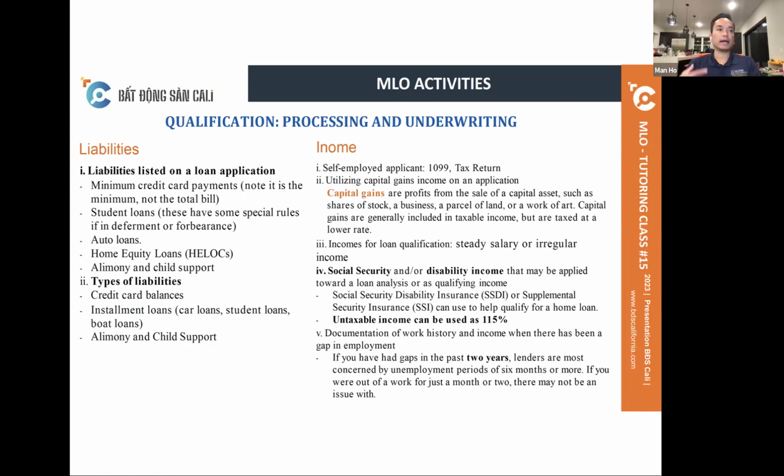So if you open a credit line of $100,000, then when we calculate the DTI, that means each month you're going to pay $1,000 into that HELOC, regardless of how much you use.